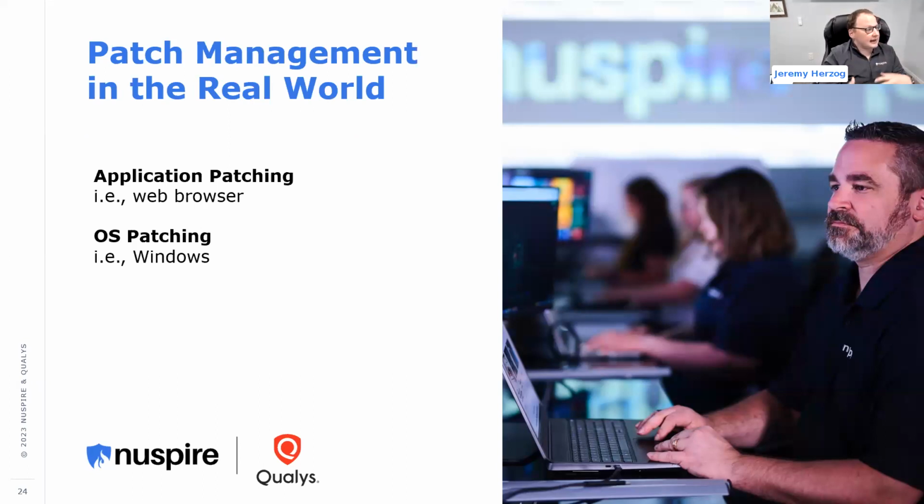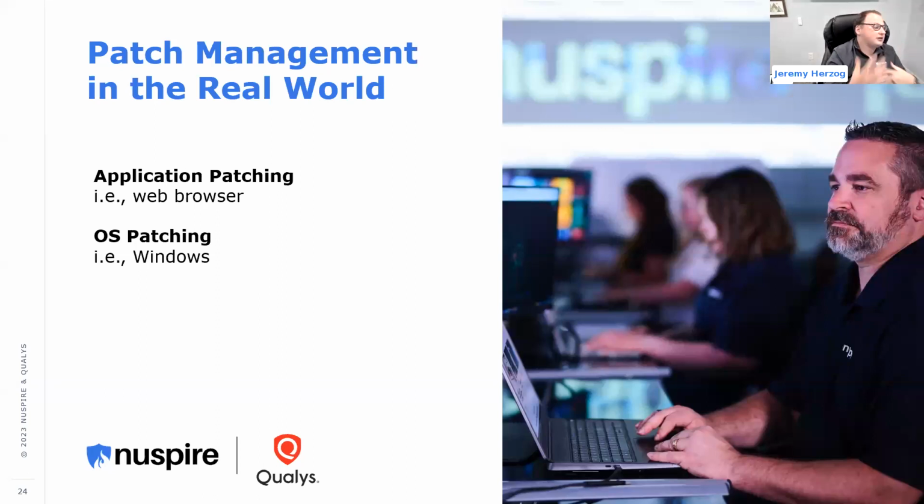The way that we like to break down how we make that decision, and where we put patches in our program to get remediated with our customers, is we break it down into application patching or OS level patching as the first category that we'll talk about. So application-based patching are those Chromes, those Firefoxes, those Apple iTunes, all the different applications that are out there that need to be picked up and patched and are commonly exploited.